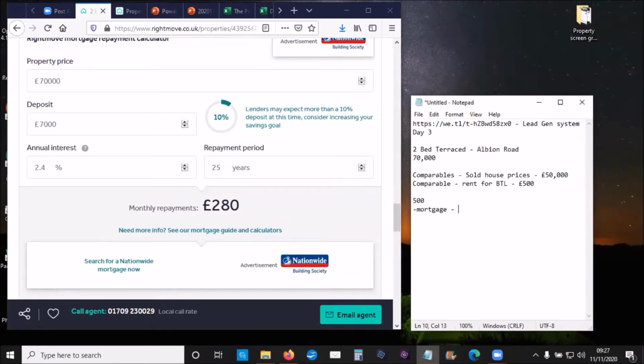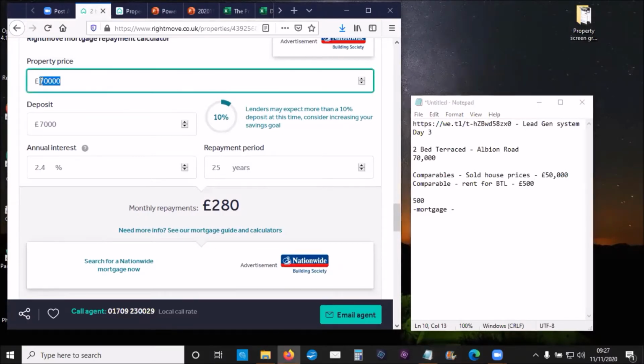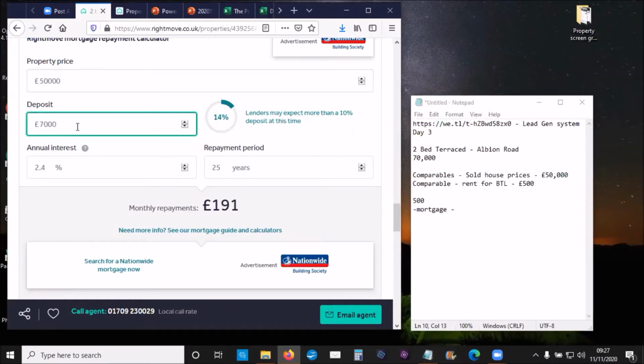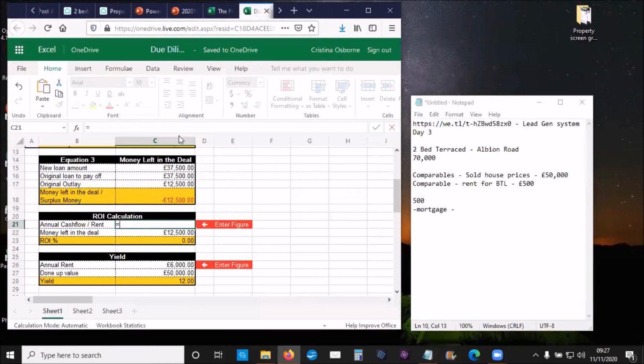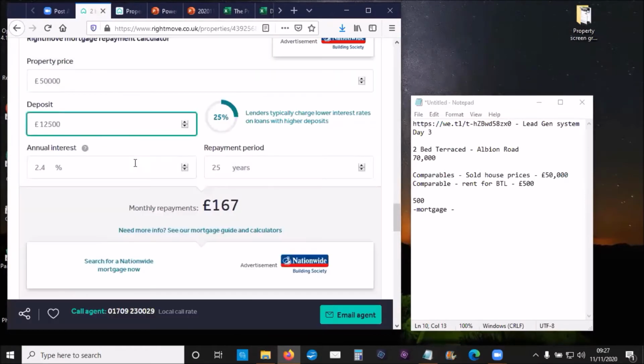So the cash flow in this one will be 500, which is the monthly rent, less the mortgage. That's one of the expenses coming out of, no, actually, remember, we're actually only buying it for 50,000, and our deposit we said was 12. What did we say it was? 12,500. So we have here £167 a month.